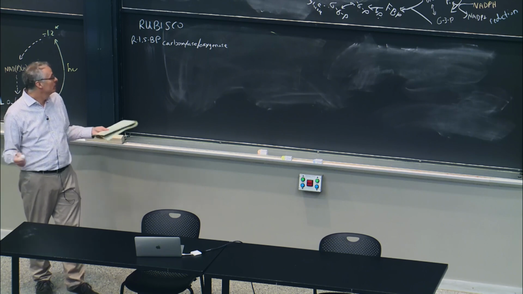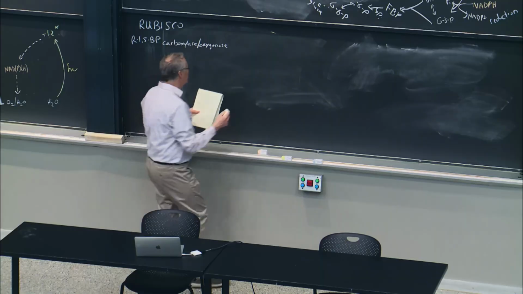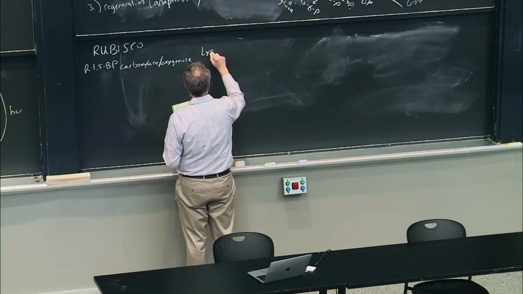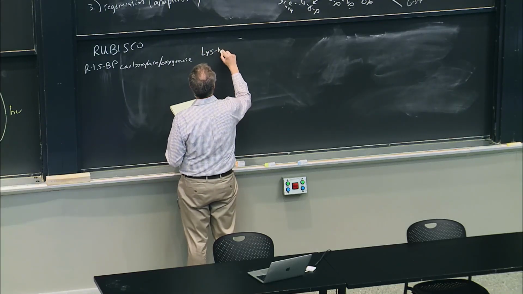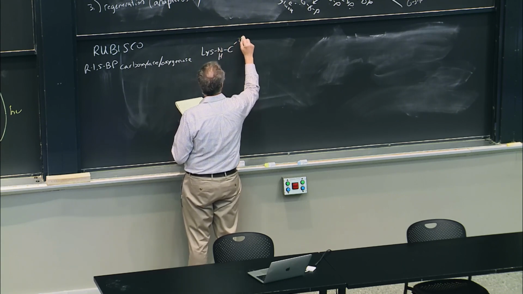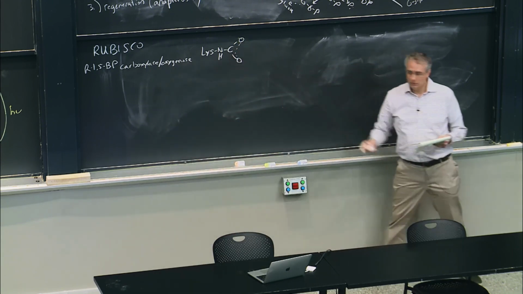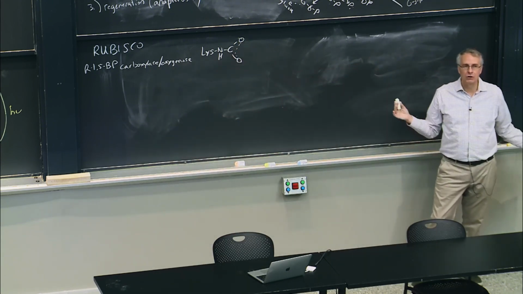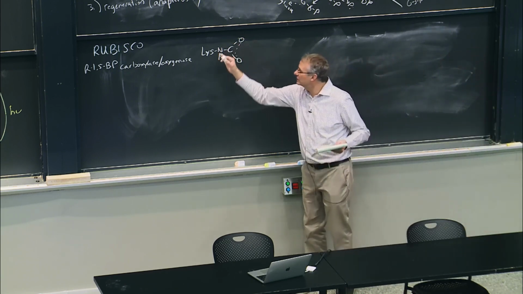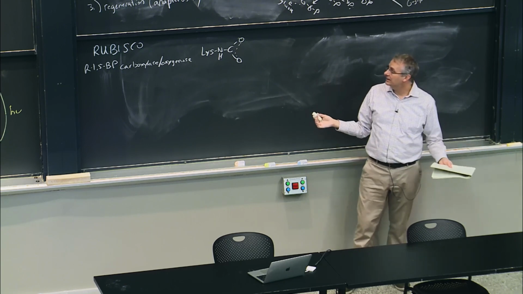Now, the way RuBisCO works is that there's a lysine in the active site of the enzyme, and that lysine is covalently bound to a CO2 molecule. And that CO2 molecule covalently bound to the lysine is not involved in the reaction, but basically if you don't have enough CO2 around to carboxylate the lysine, now you can't carry out the reaction.